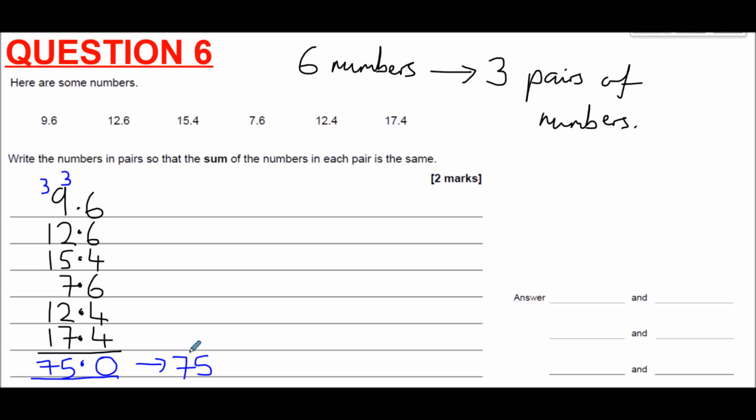So the total of all numbers is 75, and these are going to be split into 3 pairs of numbers. So if 75 is a total of all 3 pairs, each pair of numbers will be 75 divided by 3.